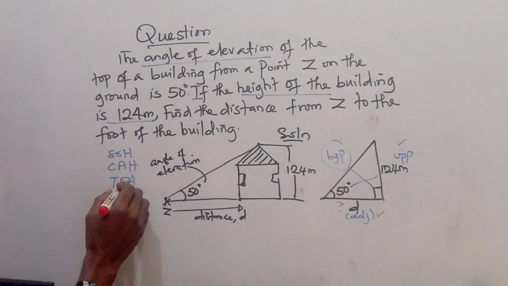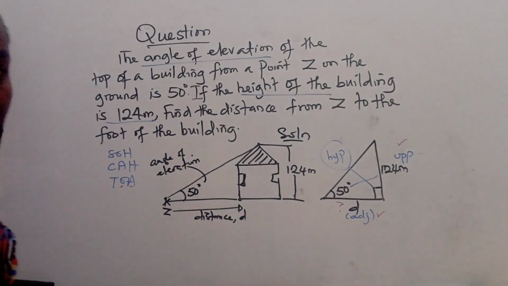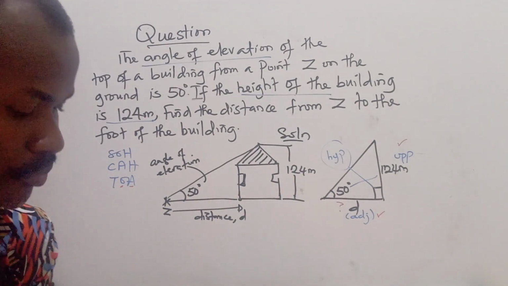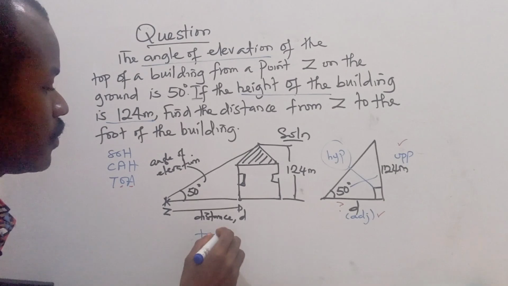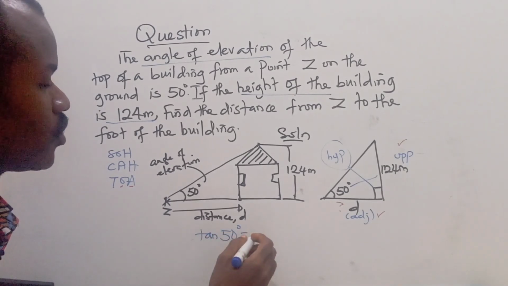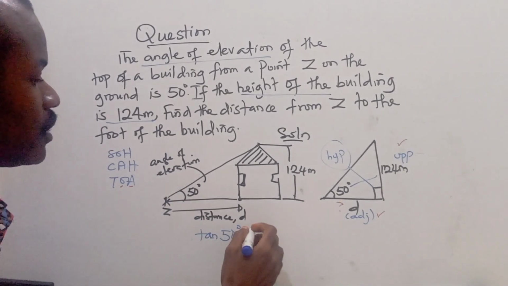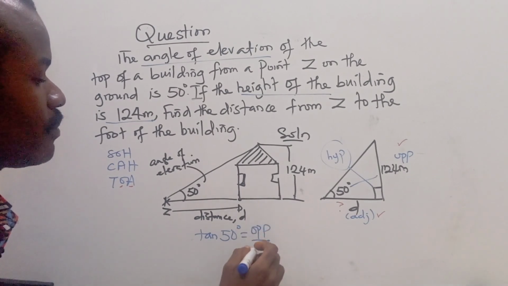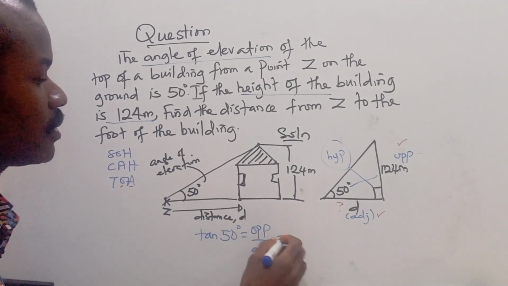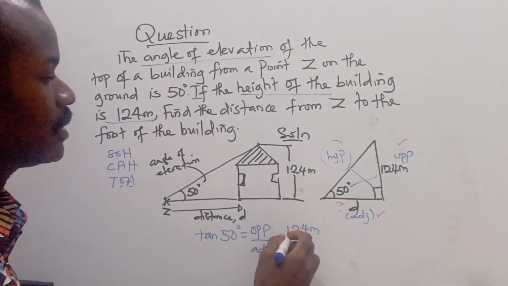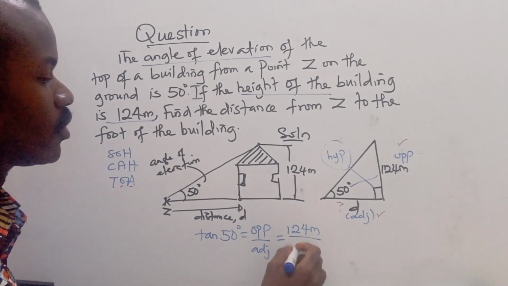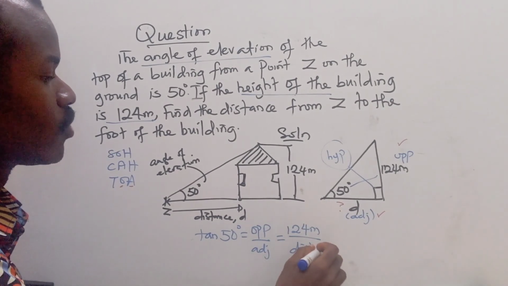So opposite and adjacent, that means we are going to use tan. So I have that tan 50 degrees is equal to the opposite divided by the adjacent. The opposite is 124 meters, divided by the adjacent, which is the distance we are looking for.